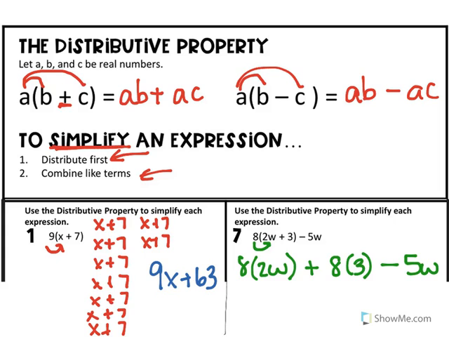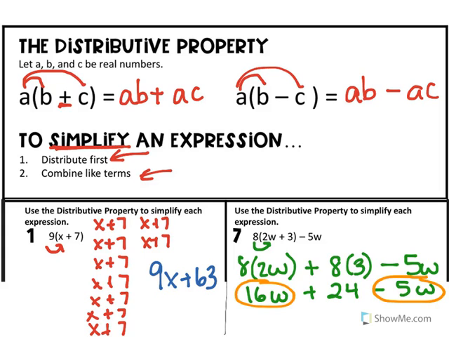So 8 times 2w is 16w, 8 times 3 is 24, minus 5w. And then when I combine my like terms, I have 16w's minus 5w's, which is 11w, plus 24. And there's my answer.